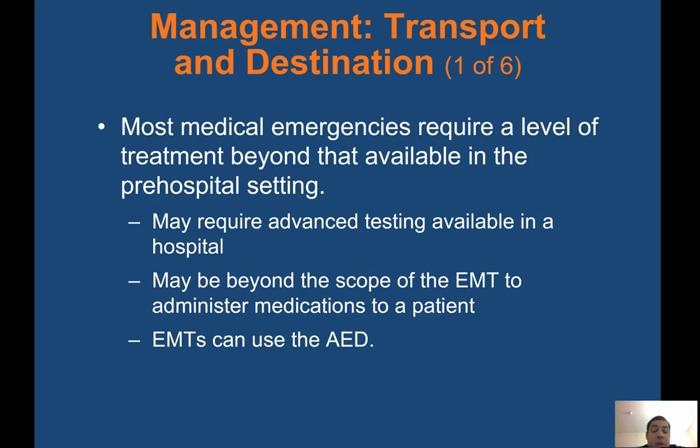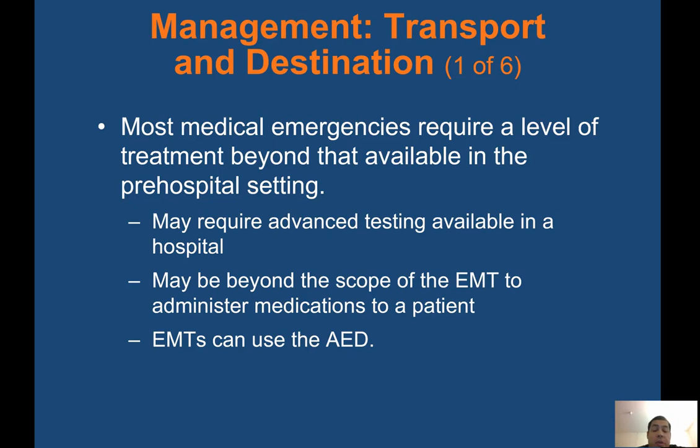So in patients with a stroke, patients with a STEMI, patients with traumatic injuries, the best thing we could do for a patient is to get them to a hospital as fast as we can because they're probably going to need a surgeon. They're going to need a specialist. So this is why it's important to be on scene for a medical for no less than 15 minutes.